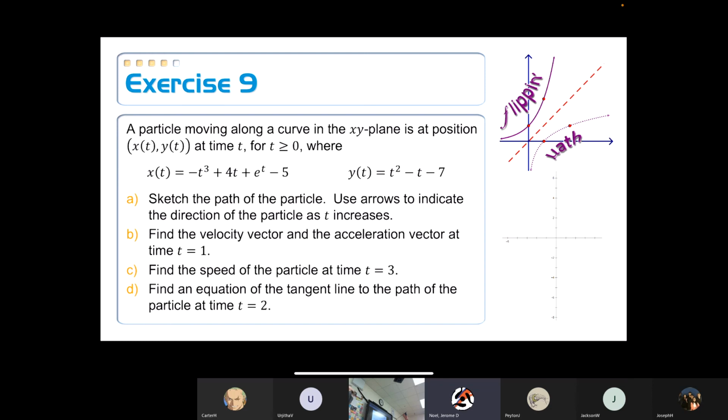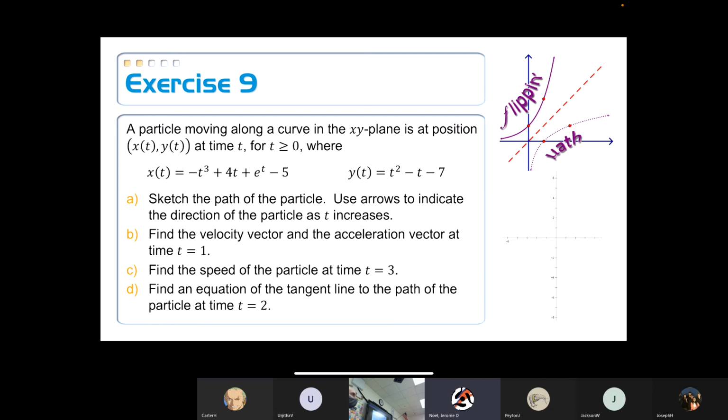You may have to change your t value. We want to start at t equals 0. And then just make your t max something large. That should be more than adequate.